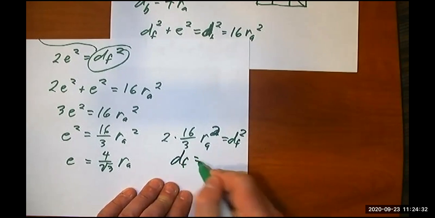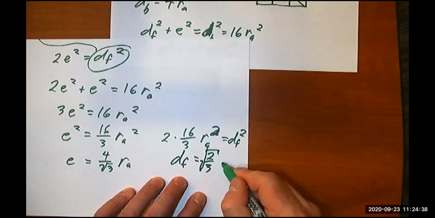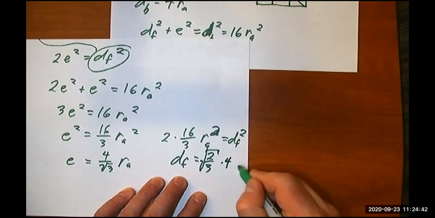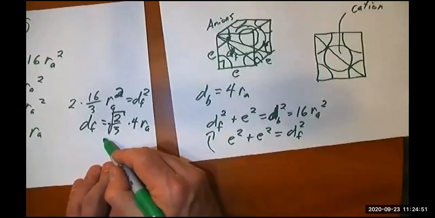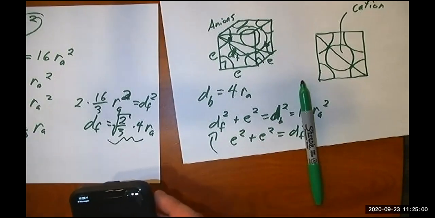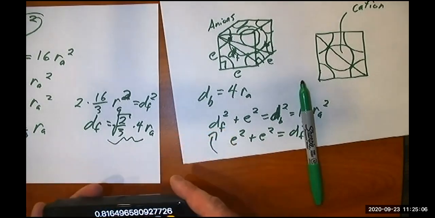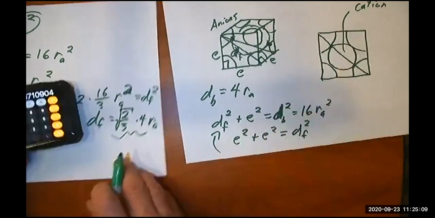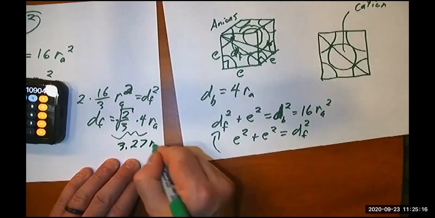Our d_f is going to be the square root of 2/3 times the square root of 16, which is 4, r_a. Now, what did that get us? Let's plug this into a calculator. So 2 divided by 3, square root that, times 4 tells us that the face diagonal is 3.27 r_a.